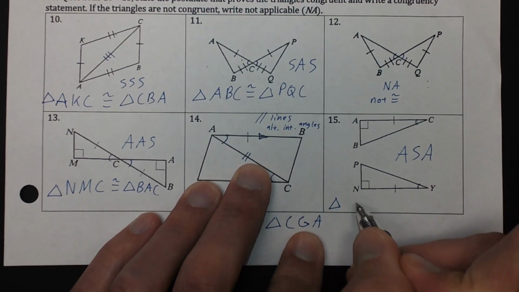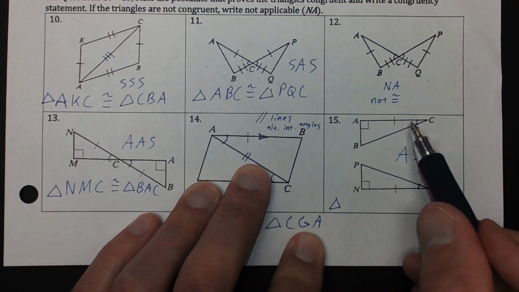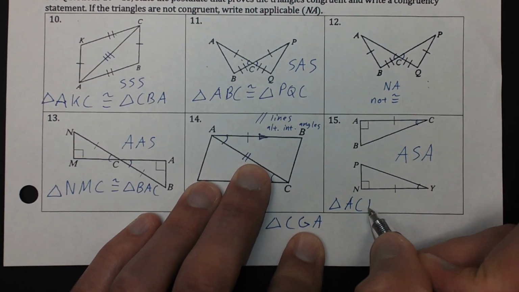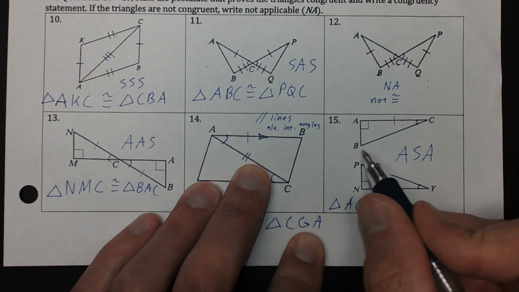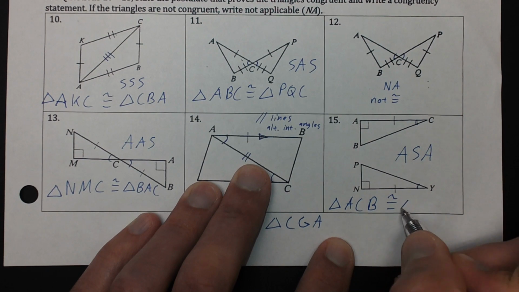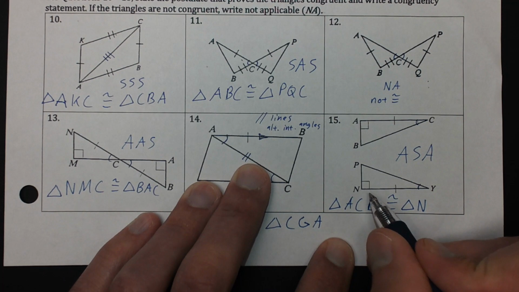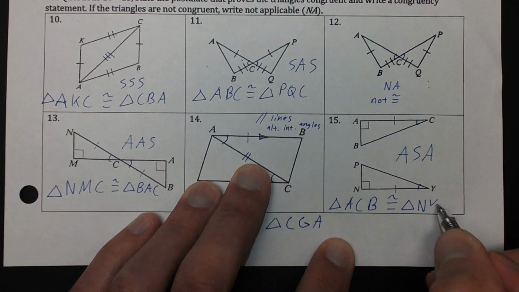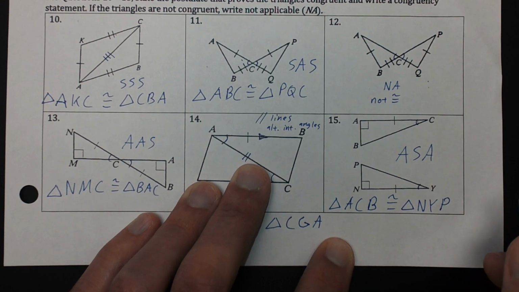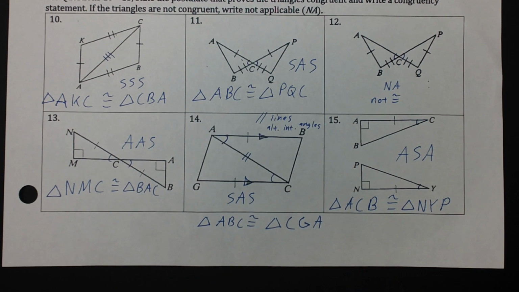Our congruent statement would be, I'm just going to say go with the right angle, and then go to the single arc, AC, and then the one with no angle marking at all. Triangle ACB is going to be congruent to triangle. So I started with the right angle, that is N. I went to the single arc, which is now Y, and then no angle marking at all is P, NYP. So we have triangle ACB is congruent to triangle NYP.